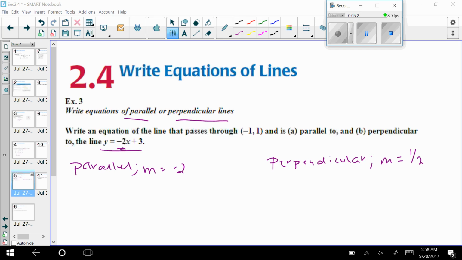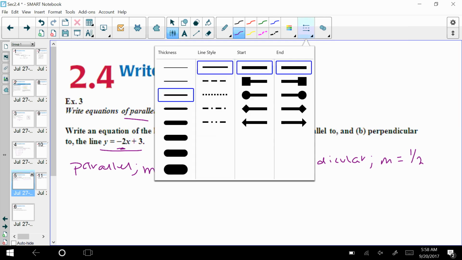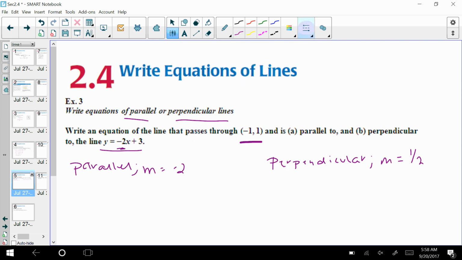So now we can use point-slope form with the point that we're given here. So our point-slope form is y minus y1, which in this case is 1, equals our slope times x minus x1, which is -1, so it's x plus 1.